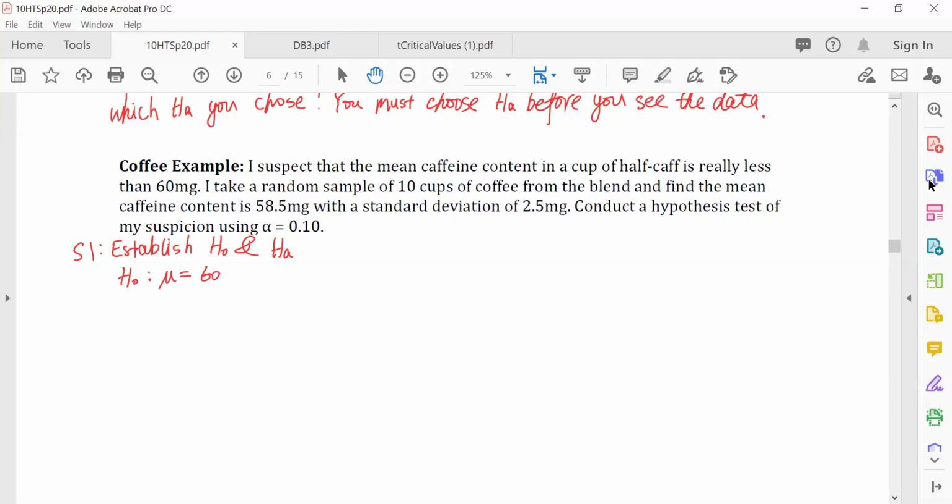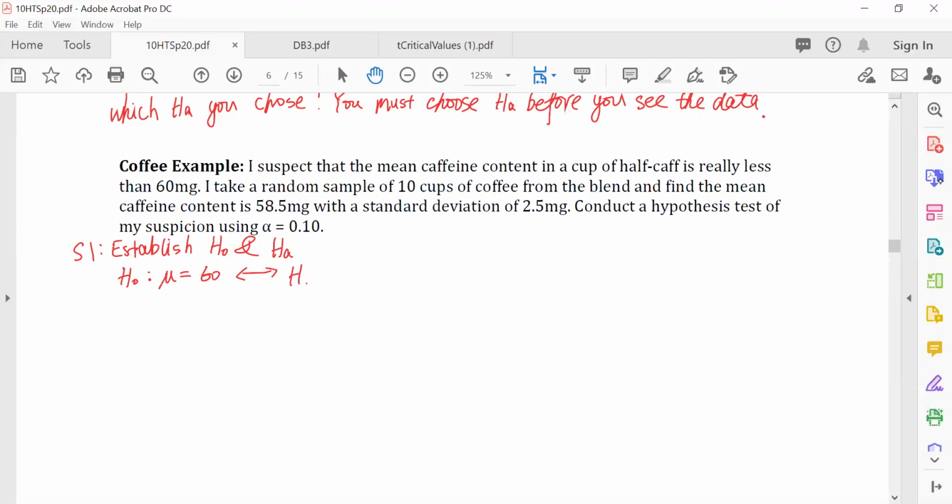Remember, we said our H null is always the one with the equal sign. We are trying to see whether the true mean is really 60 or less than 60. So the equals 60 goes to H null.